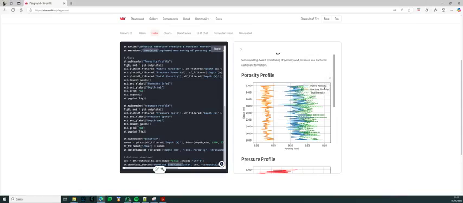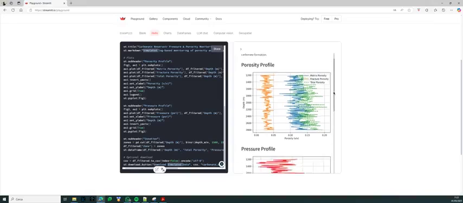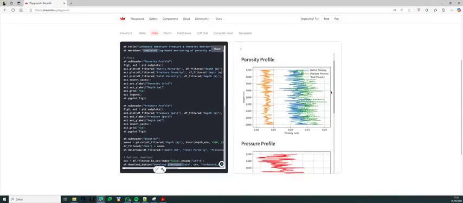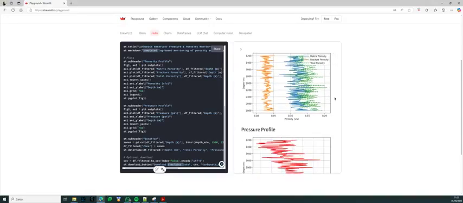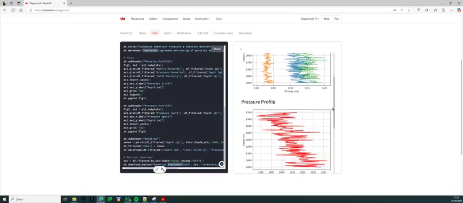We have the matrix porosity, the fracture porosity, and the total porosity. So we have two different types of porosity, and the effective total porosity, that is the porosity that is effectively represented. This porosity is capable of making the flux of gas and oil.